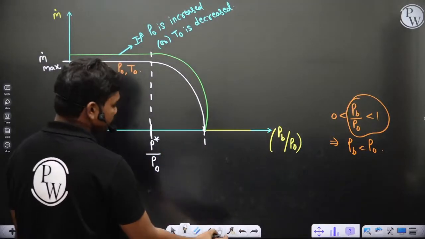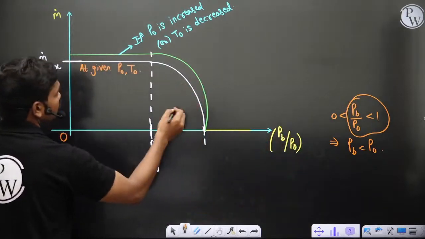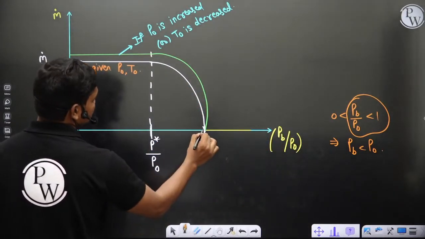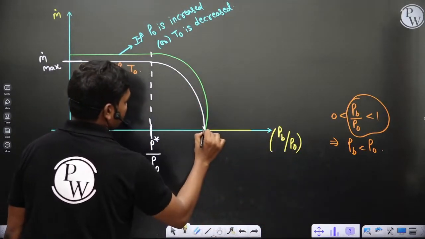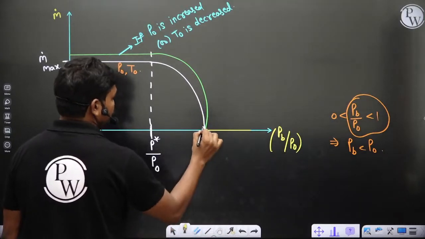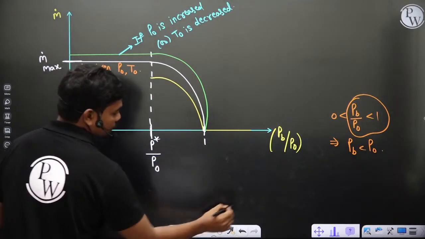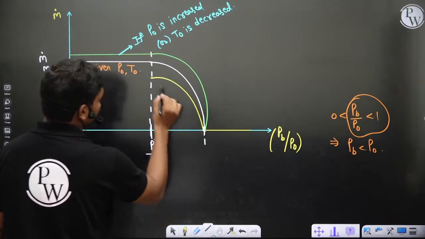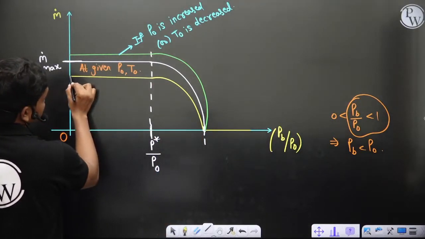And clearly for decreasing P naught or increasing T naught, the curve comes something like this.